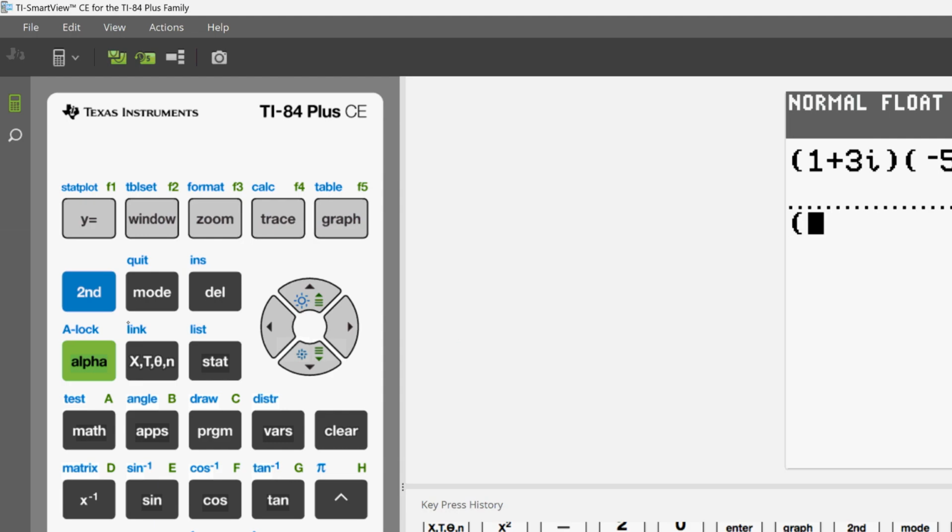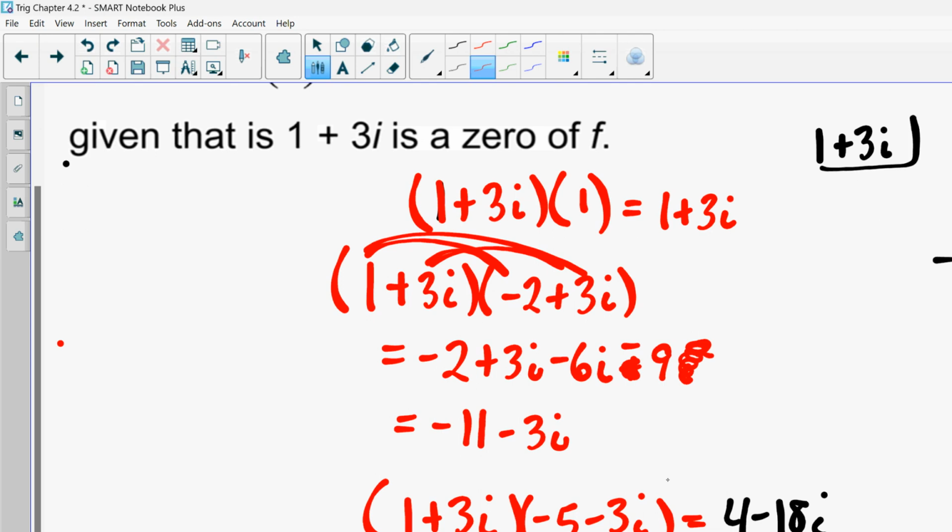So let's go on and do it just to make sure. 1 plus 3i times 6 minus 18i is indeed 60. And again, if we add straight down, negative 60 plus 60 is 0.